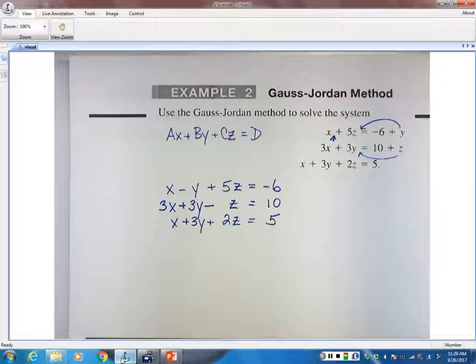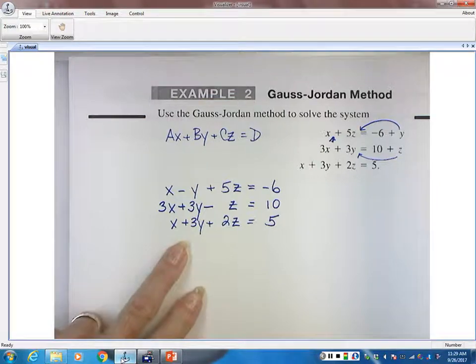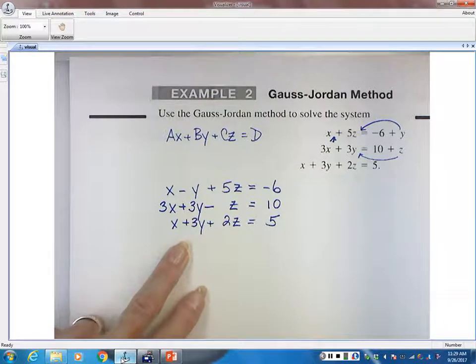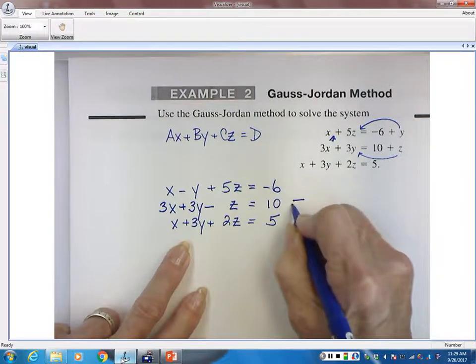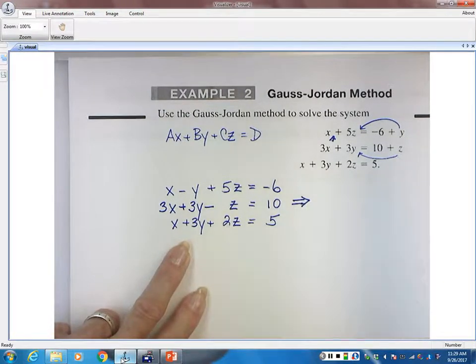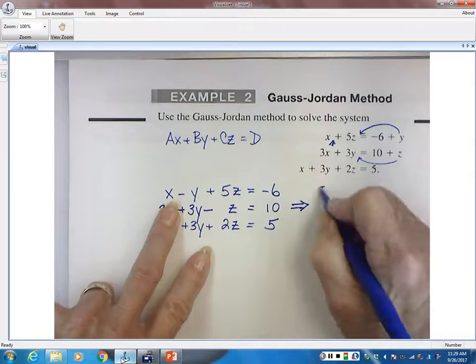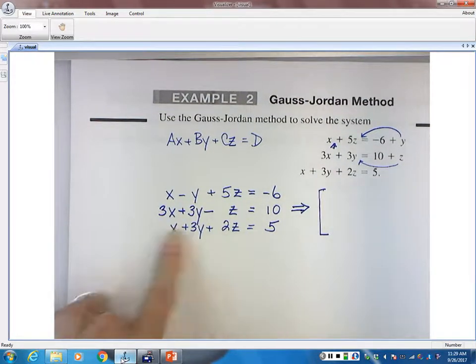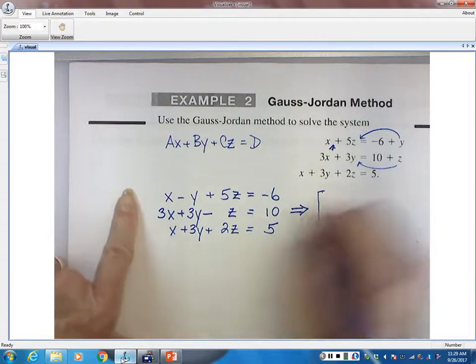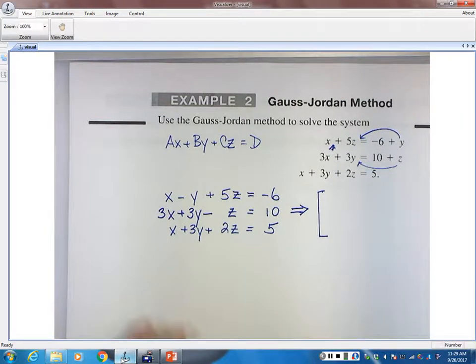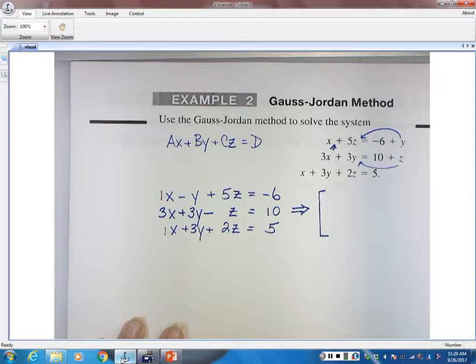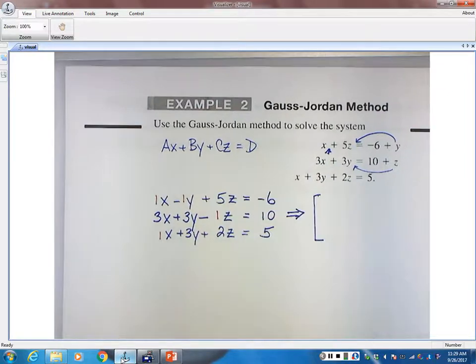Now, if you did all the row operations to get this problem solved, it takes about 2 pages of all the steps. But what we're going to do is use the row reduced echelon form, which means we need to start out with a matrix that represents this system. So you need all the coefficients. So fill in any that are missing, because that's the only thing you're going to put in is the coefficients.